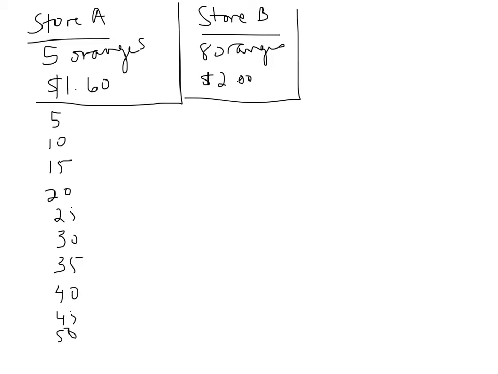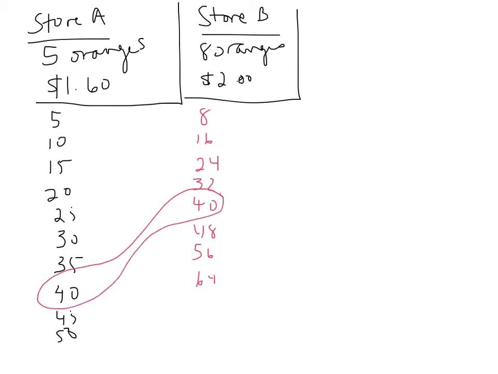And you could do the same thing over here from store B. I have 8, 16, 24, 32, 40, 48, 56, 64, etc. And I can see where they match up is at 40. So that means I could buy 40 oranges from store B, 40 oranges from store A, and then I could compare them. So let's do that.